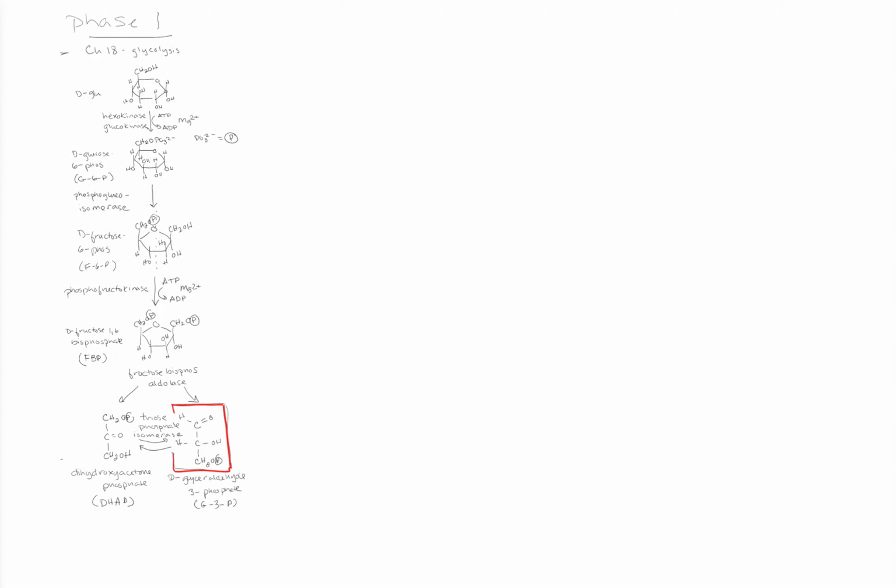We started with the glucose, and we ended with 2 equivalents of glyceraldehyde 3-phosphate per glucose. And also remember that we've invested 2 ATP at the hexokinase step and the phosphofructokinase step to get here, because we had to use the ATP for each phosphorylation event. Now, let me zoom in and we can start phase 2.